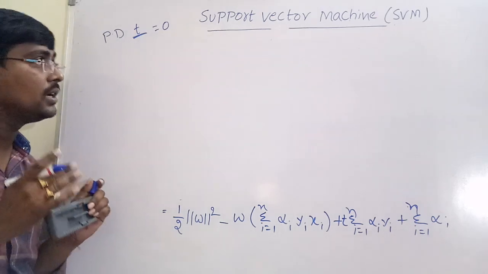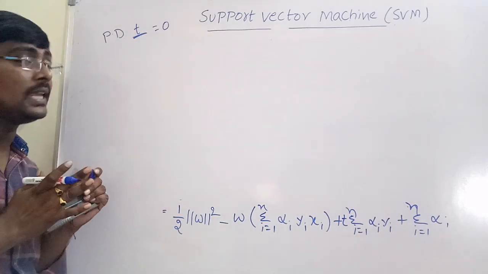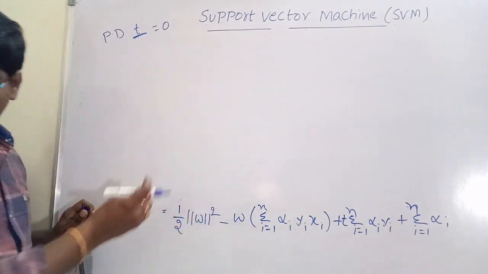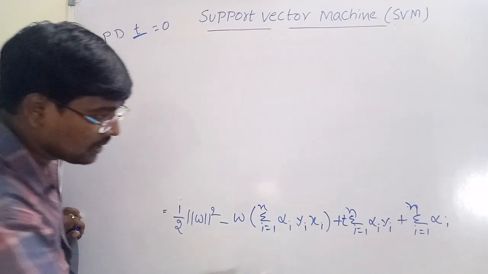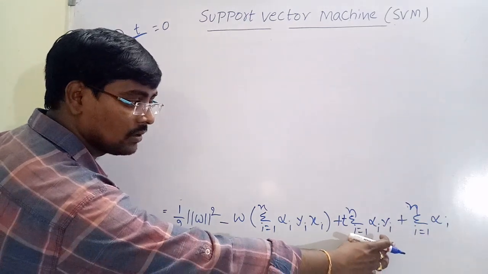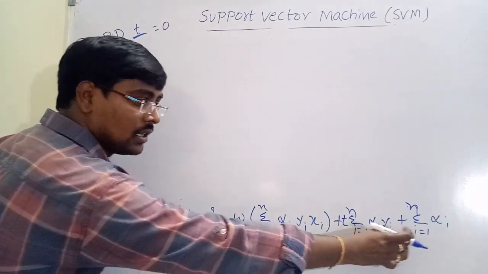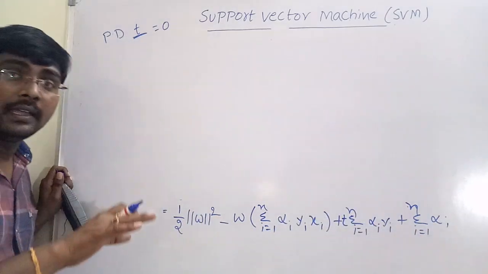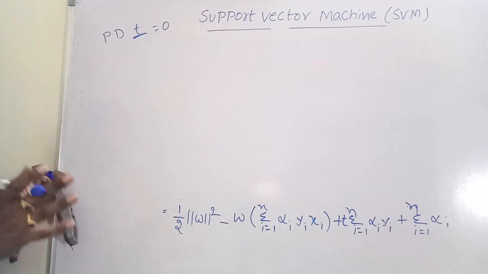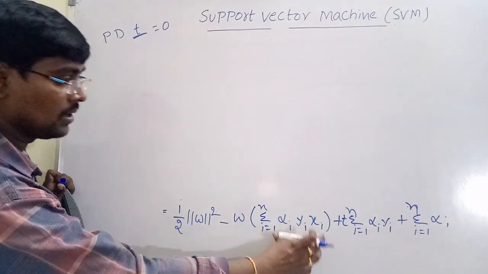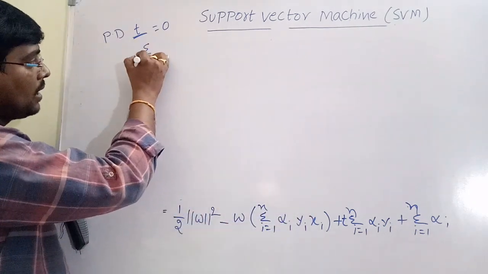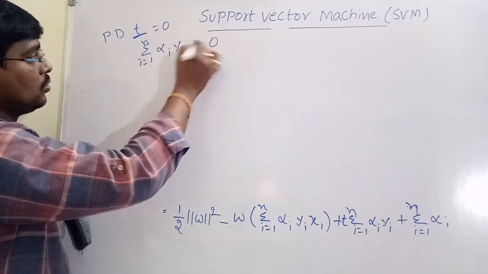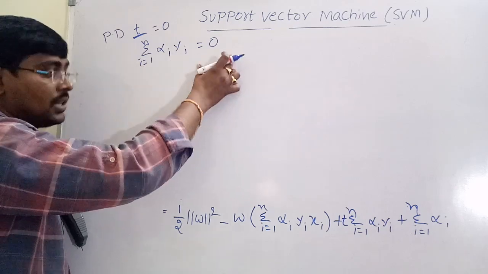For getting the solution, take the partial derivative with respect to t and set it equal to 0. By setting it to 0, what are we getting? Simply this expression is equal to 0. That means sigma I equals 1 to n alpha I yi is equal to 0.